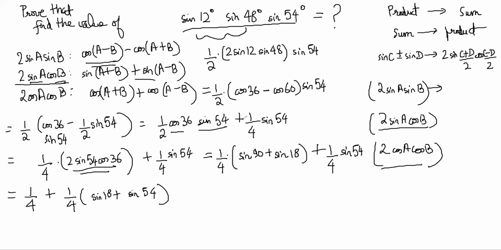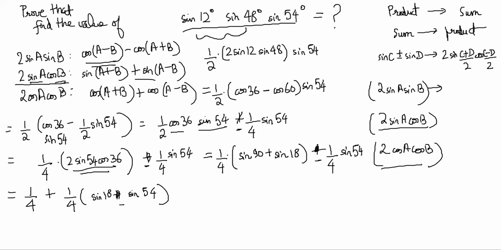This is minus, no? See here, there's a minus sign. So this should be minus 1 by 4 sin 54. So this is minus sin 54, right?